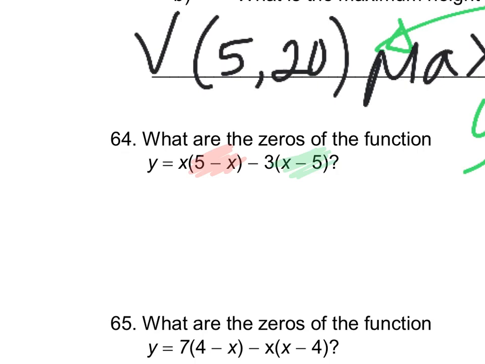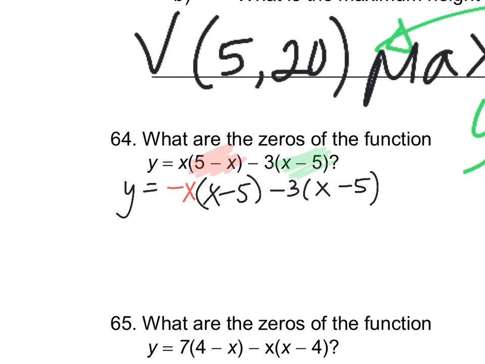So in order for me to flip it around so it could look like the other one, I need to take out a negative. So I'm going to make this x into a negative. And then what will happen is that this red one here will turn into x minus 5. And I still have my y, of course. And over here I still have it the same as x minus 5.